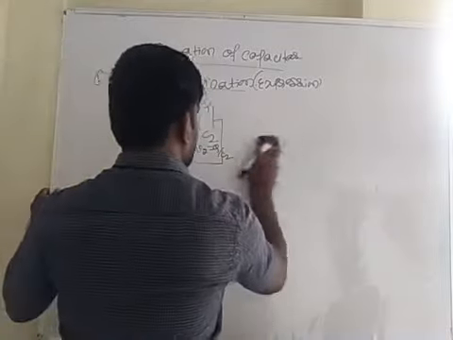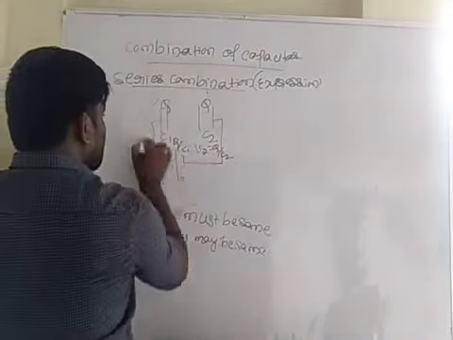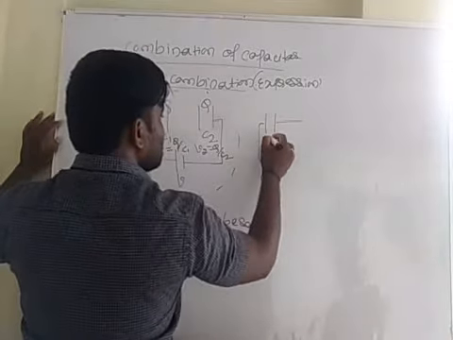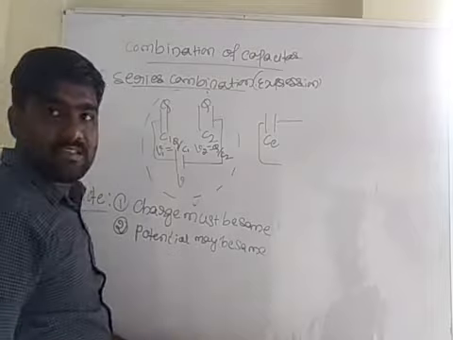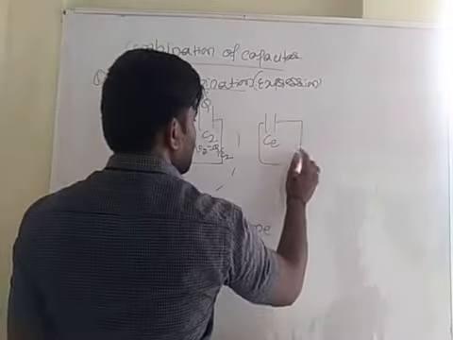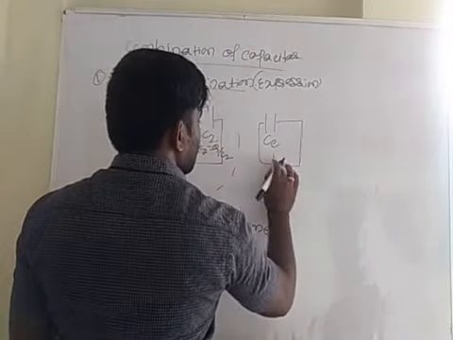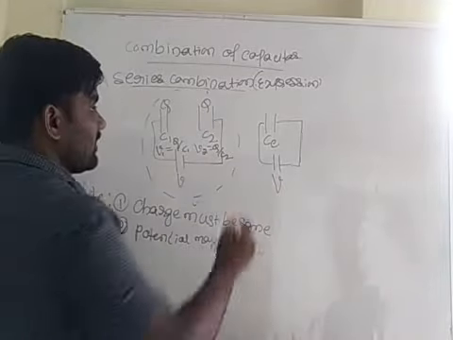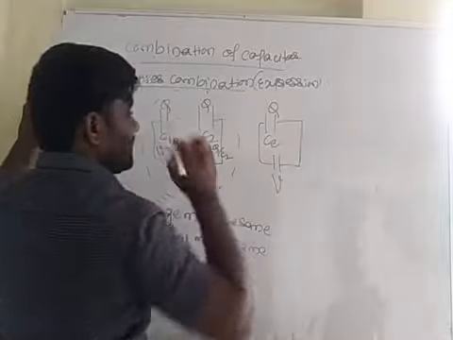Then come to one more point. This whole term I am taking as only one capacitor. This is the effective capacitance. The potential is V itself, and the same charge will be there.